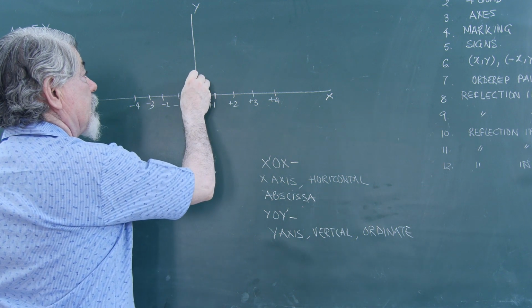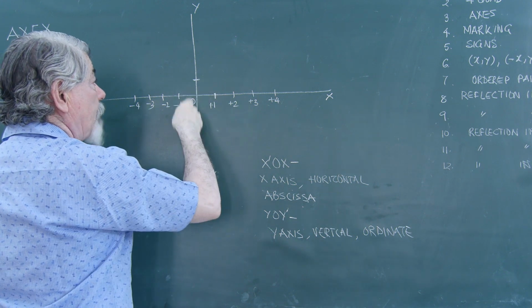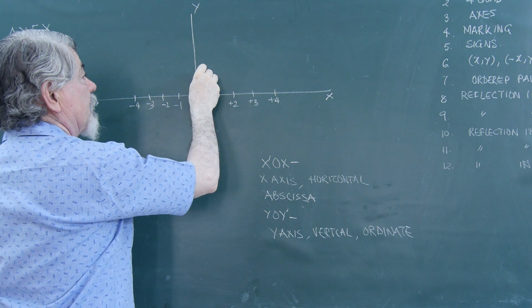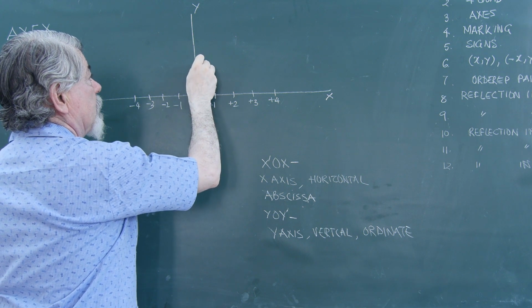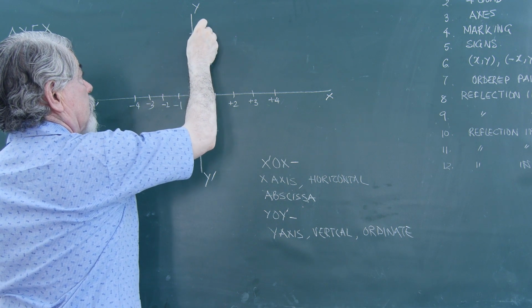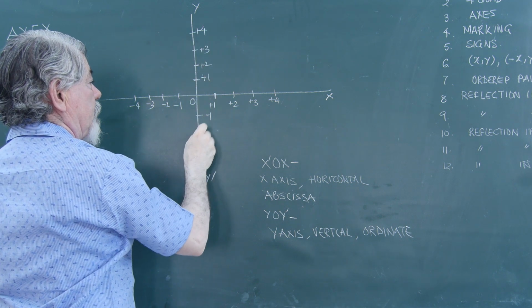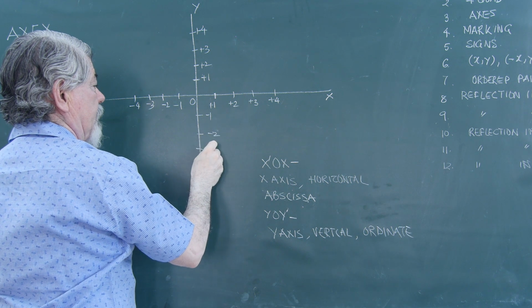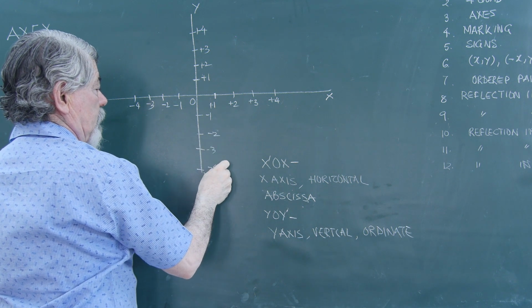Similarly, when we go up from point O on the vertical line, we get +1, +2, +3, +4. Similarly, -1 down, -2, -3, -4.